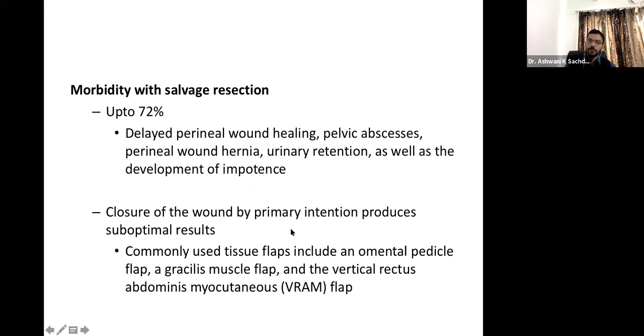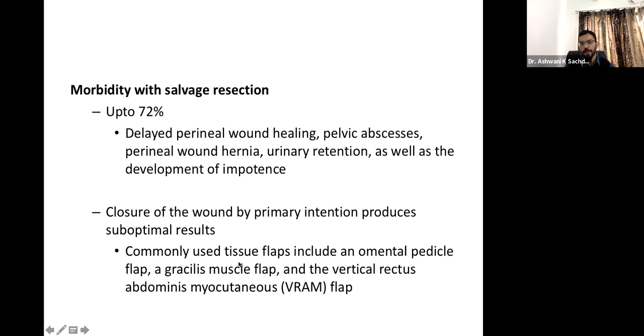Closure of the wound by primary intention, that is, the wound edges are brought closer and sutured, will give a suboptimal result and definitely lead to perineal wound healing problems and fistula.